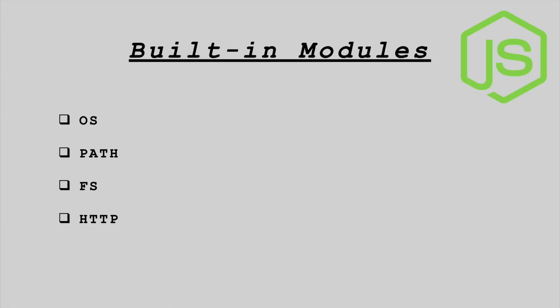So what I'm trying to say here is that Node has a bunch of built-in modules that we can use freely in our apps. In the following videos, we're going to cover the following modules: OS module, so operating system module, path module, file system module, as well as HTTP module to set up our HTTP server.